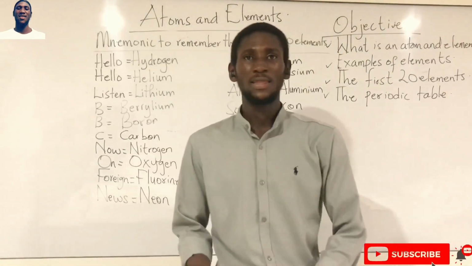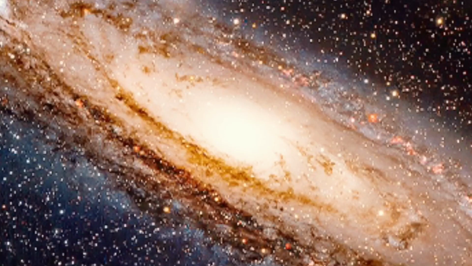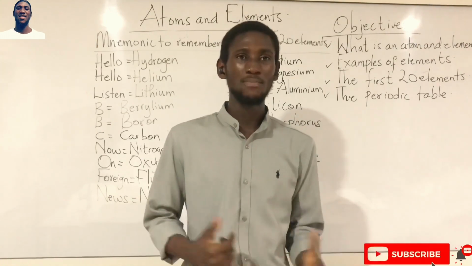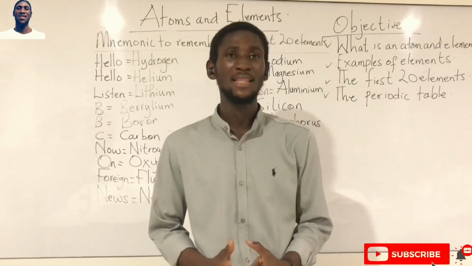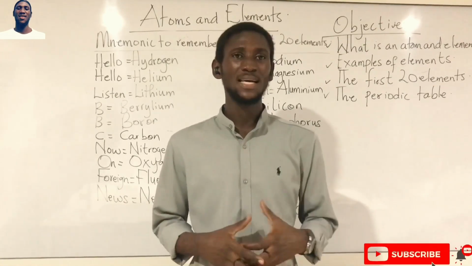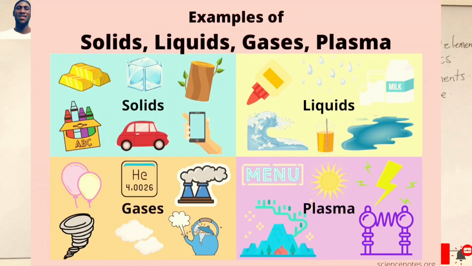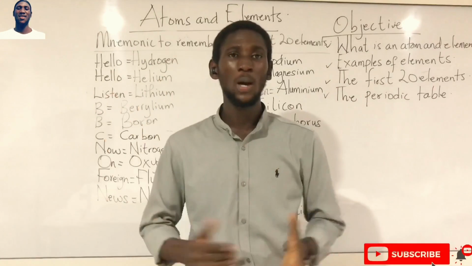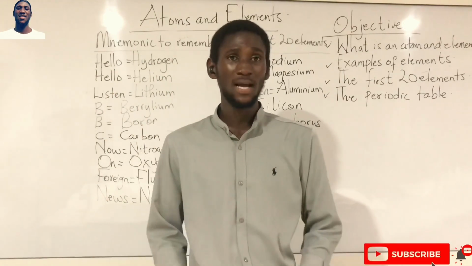Now, the universe we live in, or the world we live in, everything around us is an example of matter. You know, some time back we learned about matter, anything that has weight and can occupy space. And we saw that matter can exist in 3 different states: solid, liquid, and gas. Now, I said earlier that everything around us is an example of matter.